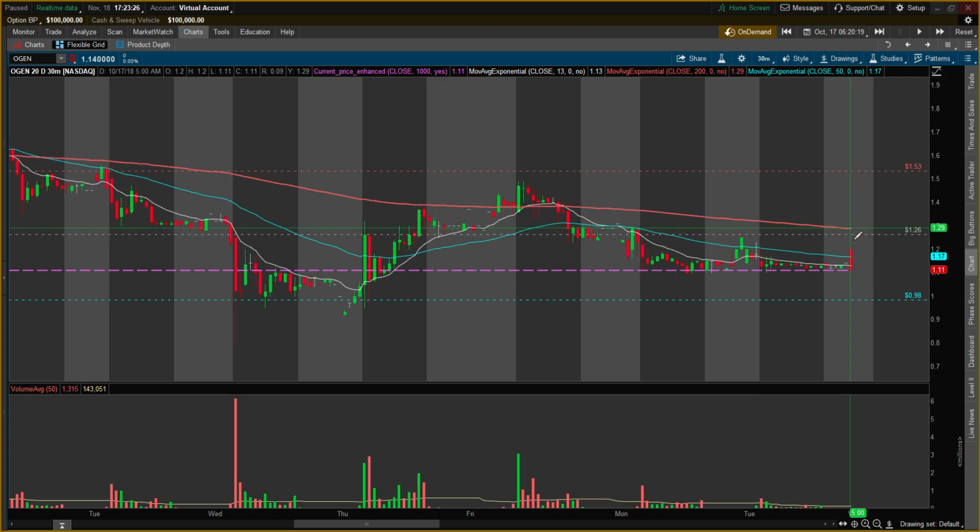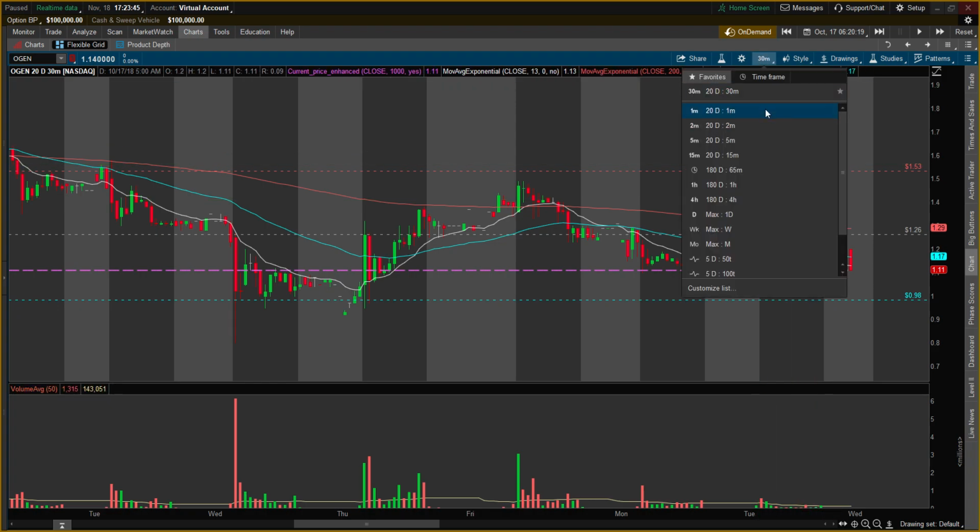That's about how close they are to each other. They're a few cents apart, but the 200 is still sitting way up here as your resistance, and your 50 still way down here as support. But all these lines are coming closer together as you go further into your time frame.